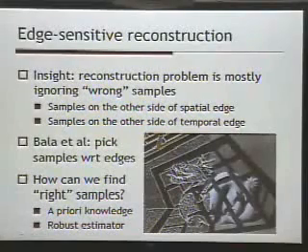So an example of work that's been done on this problem is Kavita Bala's work and coworkers' work, where they actually pick samples with respect to edges. So here, on the left, you've got a whole bunch of samples generated by a nice path tracer, but it's a fairly coarse sampling. This is not nearly enough samples to fill out the image.